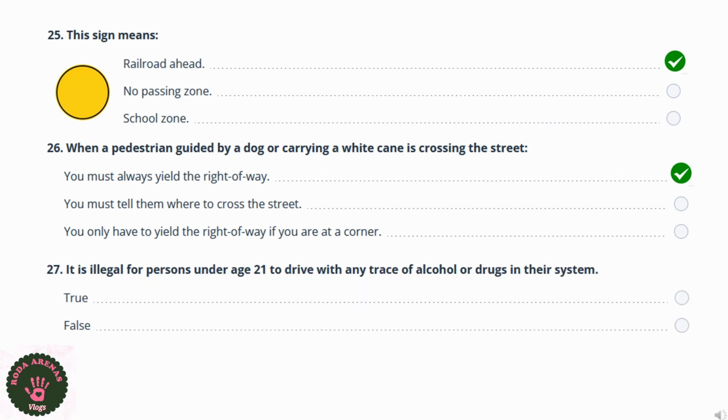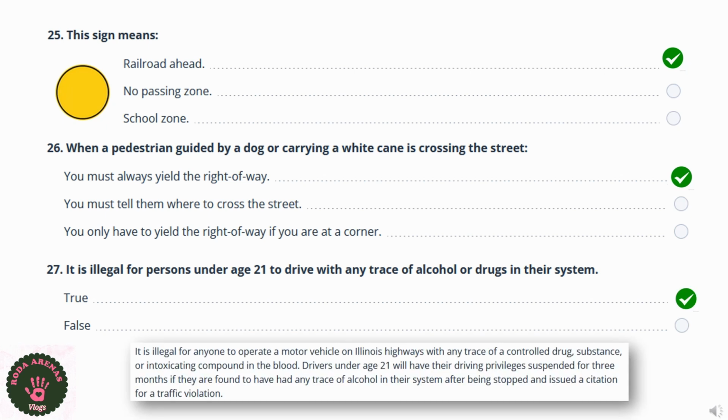It is illegal for a person under age 21 to drive with any trace of alcohol or drugs in their system. True or false? The correct answer is true. Note, it is illegal for anyone to operate a motor vehicle on Illinois highways with any trace of a controlled substance or intoxicating compound in the blood.